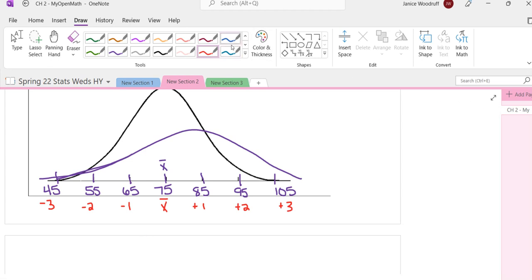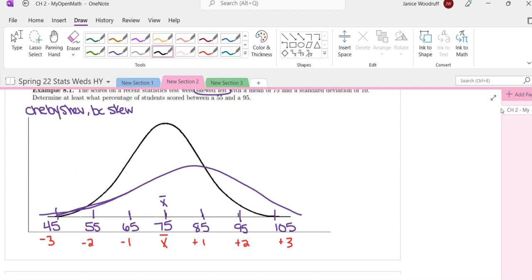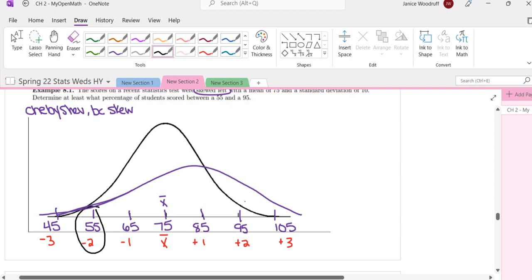Okay, so back to the question. What percentage of students scored between a 55 and a 95? If I look at that, here's 55, here's 95. That's 2 standard deviations.